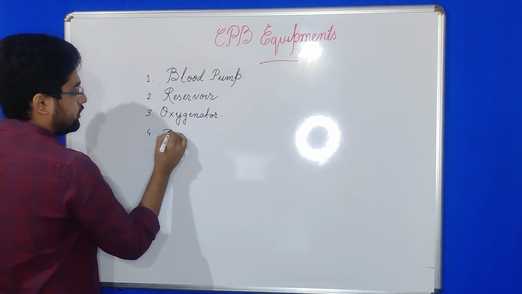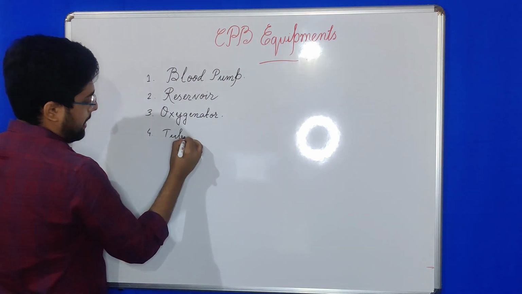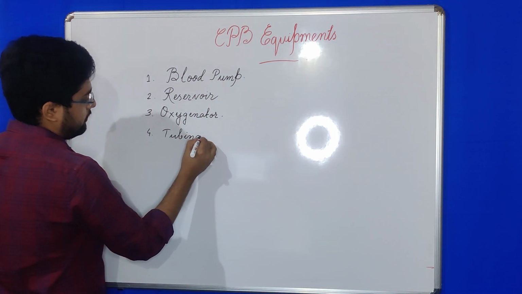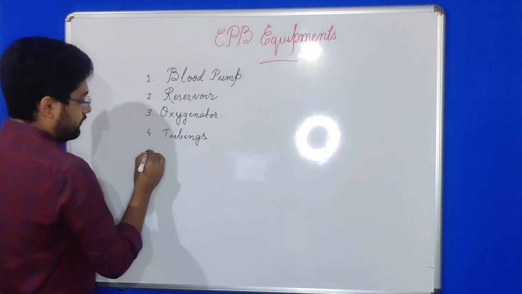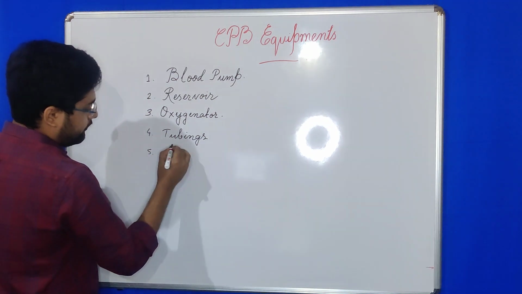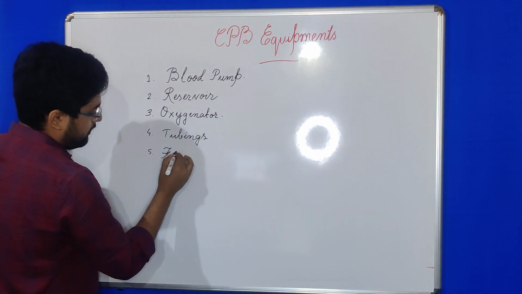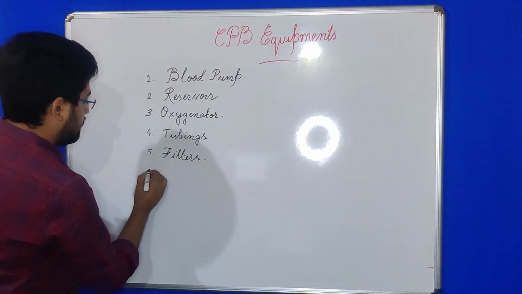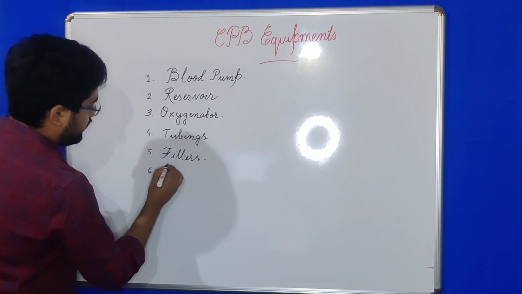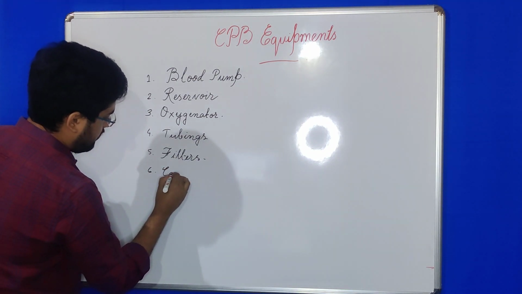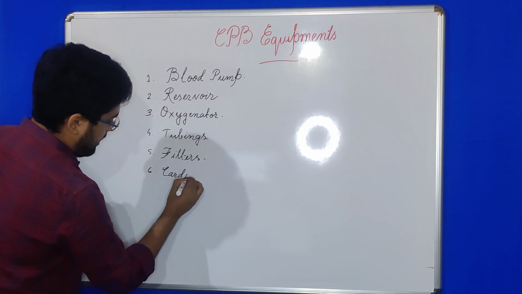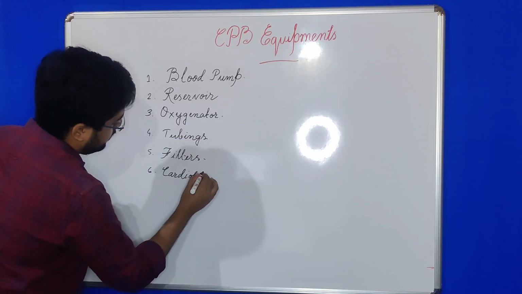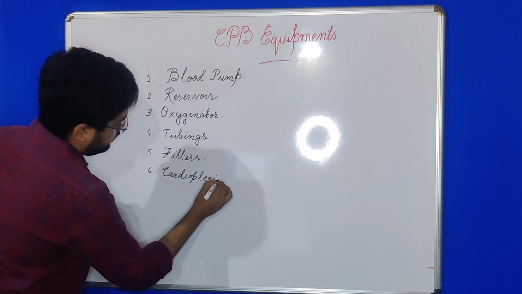Fourth one is tubing. Fifth, different types of filters. And cardioplegia delivery system.